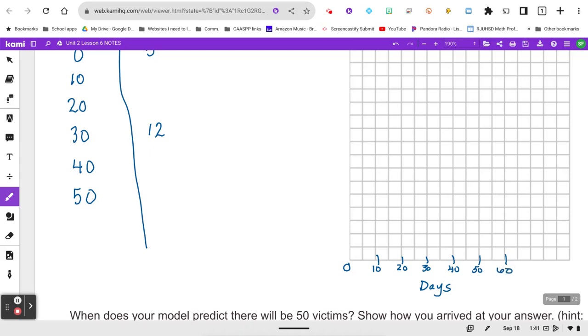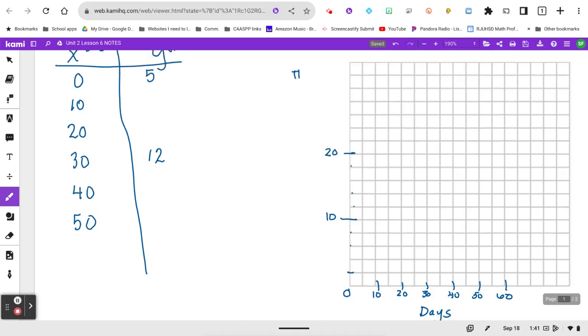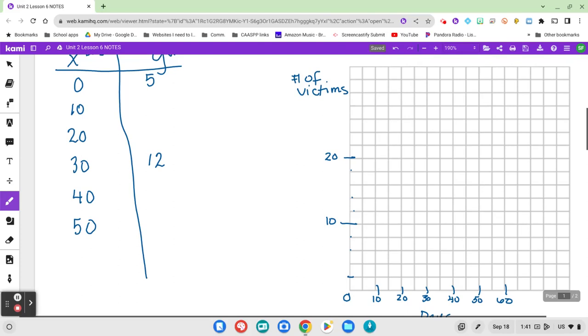And here I'm going to count by 2s, just going to make it easier. And these are going to be the number of victims. Okay, so let's go ahead and try to put this into Desmos.